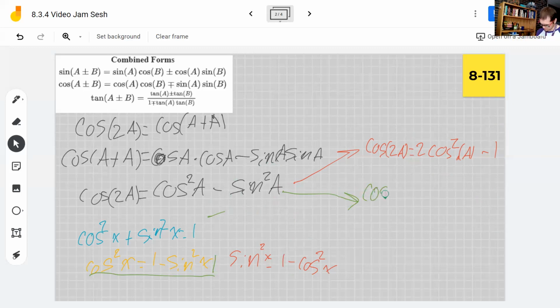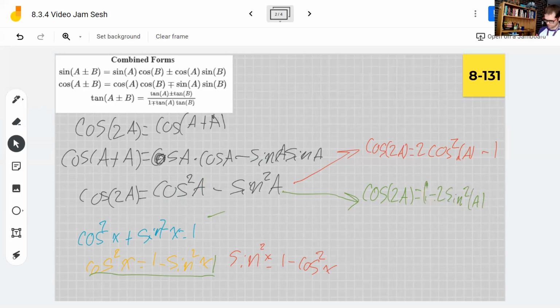I get cosine of 2a equals 1 minus 2 sine squared of a. Because when we substitute it in for cosine squared, it's going in right here. So I get 1 minus sine squared of a. The 1 stays positive. But then we have 2 negative sine squareds of a. So that's how I get 2 negative sine squared over there.